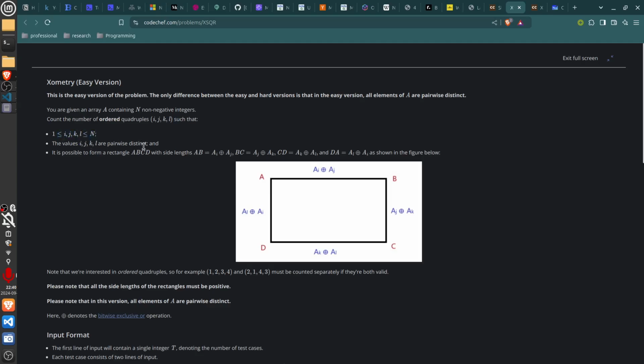And the values of I, J, K, L are pairwise distinct and are supposed to form a rectangle such that the XOR of AI and AJ is equal to the XOR of AK and AL, but also the XOR of AJ with AK is equal to the XOR of AL and AI. So these XORs of your quadruple are defining the side lengths of the rectangle.